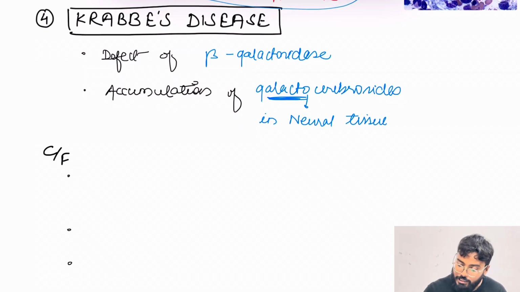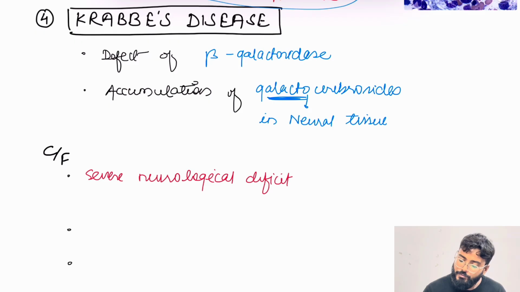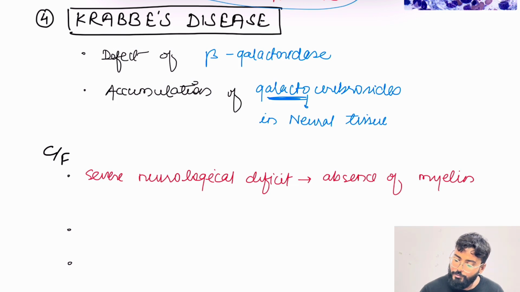And the clinical feature that you are going to see in this case is severe neurological deficit. Severe neurological deficit that is due to absence of myelin formation.